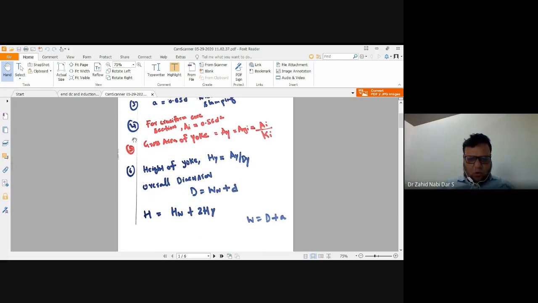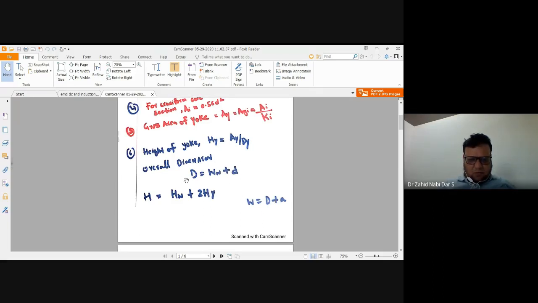The overall dimension D would be equal to Ww, the window space factor, plus D, which I have shown you in the class. The total height would be Hw plus 2Hy. I have shown you this with chalk. If you remember, anybody remembers? Santosh?